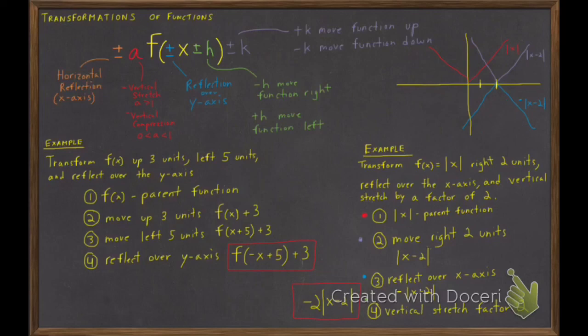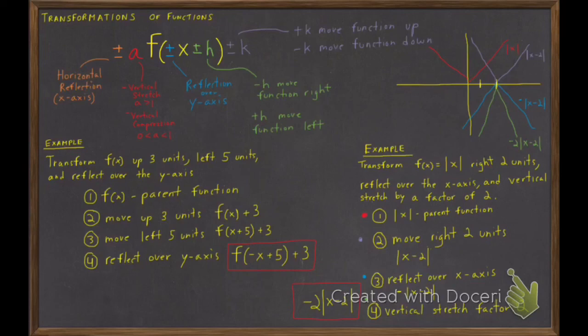And if we were to pull up, what would happen? Well, negative absolute value x minus 2 would get skinnier. So our graph should now look like this. And our new name would be -2 absolute value x minus 2.